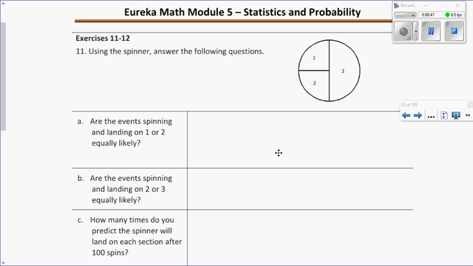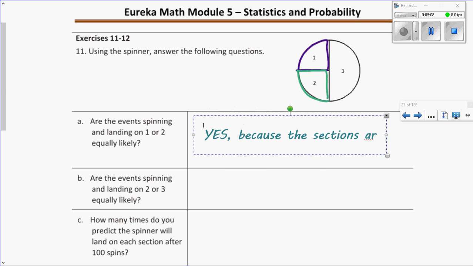Are the events spinning and landing on a 1 or a 2 equally likely? So what it's saying is, is landing on a 1 equally as likely as landing on a 2? And the answer is yes, because the sections are the same size.